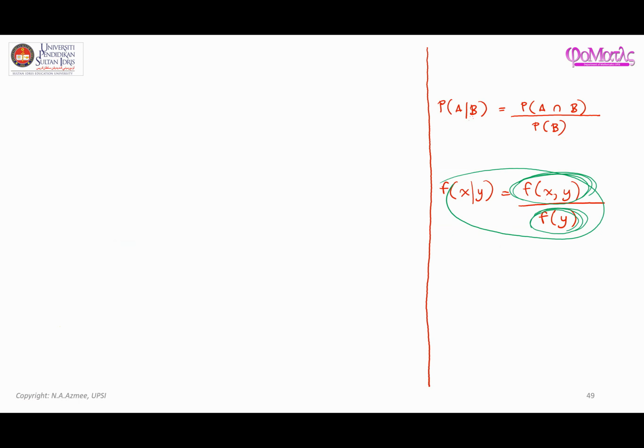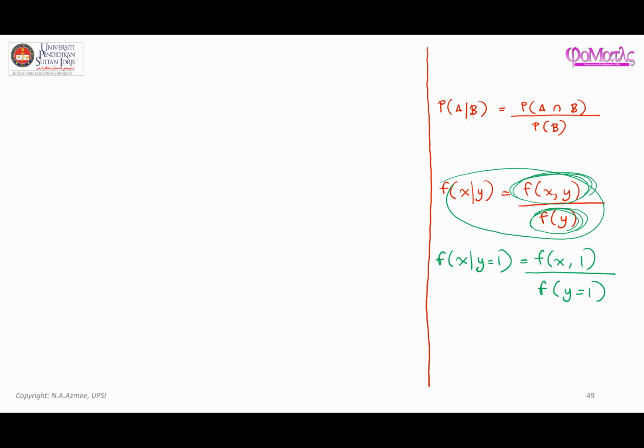If you want to be more specific, we need to find fx given y is equal to 1, and here is fx and y is already 1. We can just replace y with 1, and over here we are looking for a specific value of y equal to 1. So we need to find the marginal distribution at y equals 1 really. That's what we have to do.